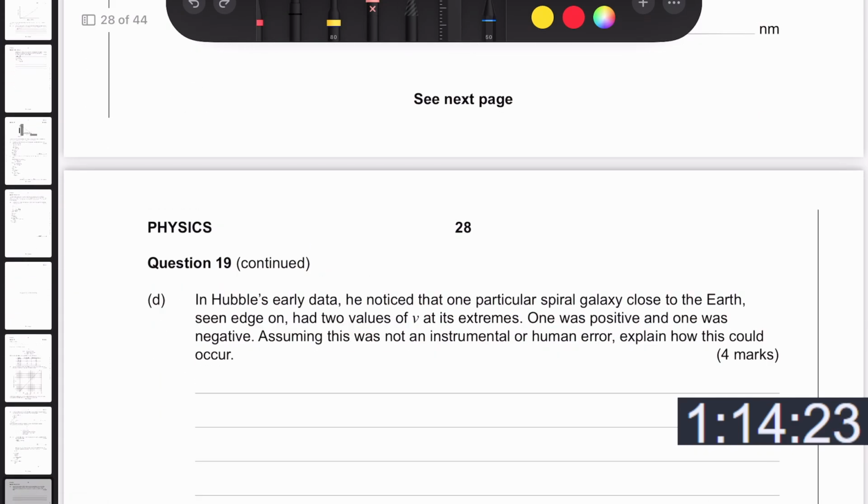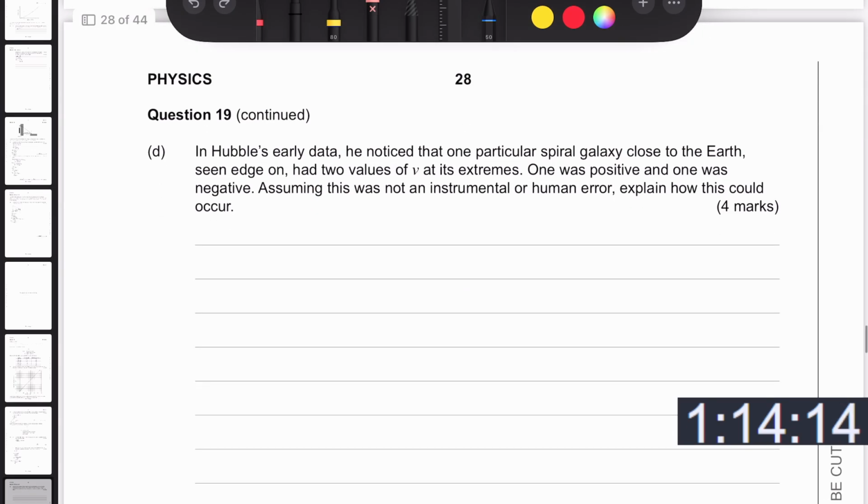Okay, in Hubble's earlier data, he noticed that one particular spiral galaxy close to Earth, seen edge on, had two values of V at its extremes. One was positive, one was negative. So we just want to explain how this could occur.